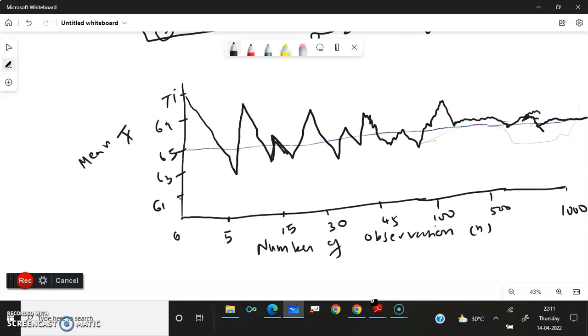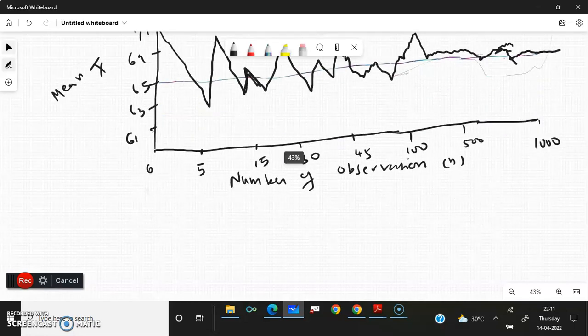That means as the size of the sample increases, can you see, X bar becomes closer to the population mean.